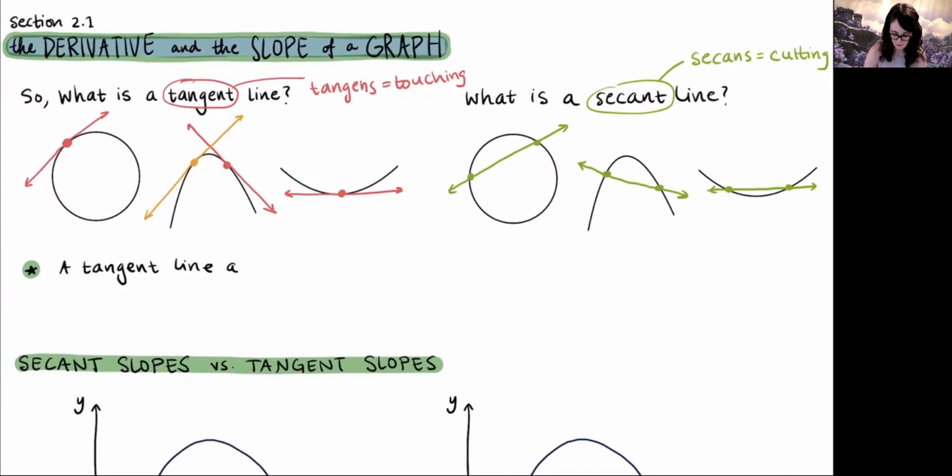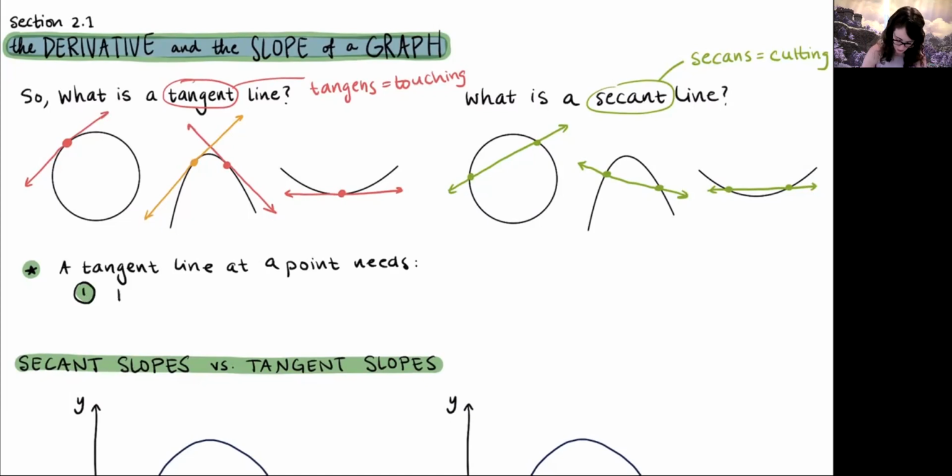So a tangent line at a point needs 2 things. The first thing is that it has to go through the point, right? It has to actually go through the point that you're finding the tangent line at. That should make sense.